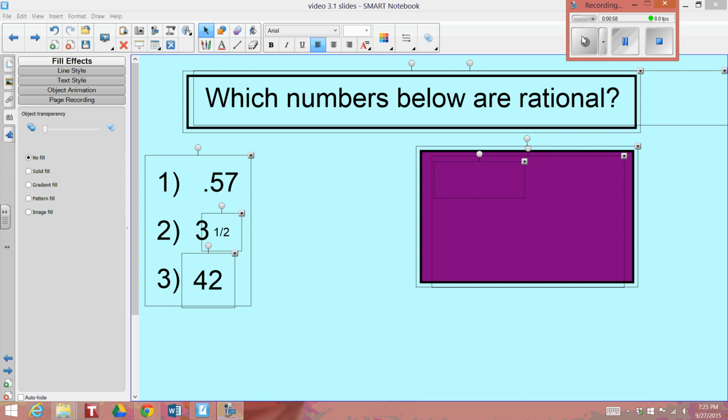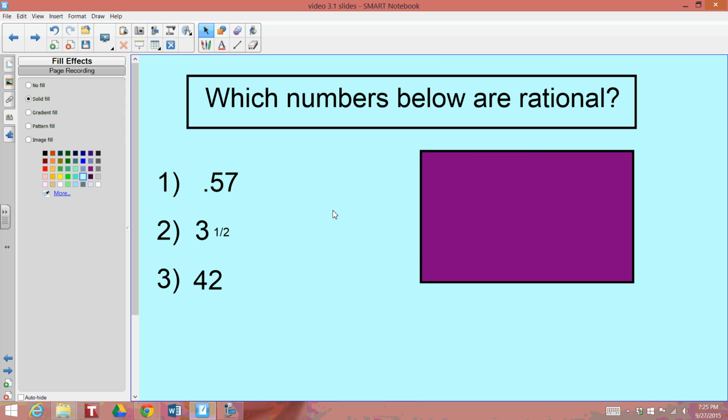Using that definition, let's look at these three numbers. And let's decide which of them could be rational. Well, number 1 says 57 hundredths. Can I write that as a fraction? Number 2 says 3 1/2. Can I change that number to a fraction?